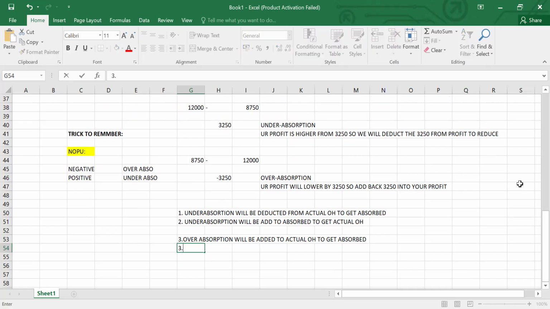And number four, over absorption will be deducted from absorbed to get actual. So whenever you are doing the bottom to top approach, remember these four sentences. They are very easy. The only way to master them is to do the practical questions.